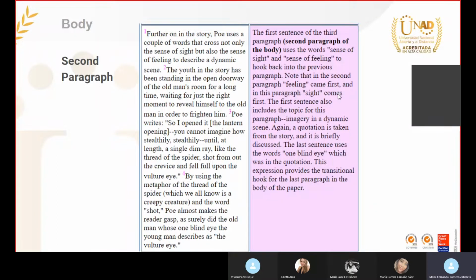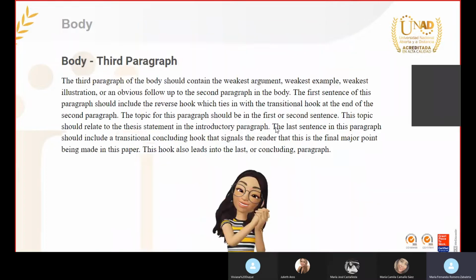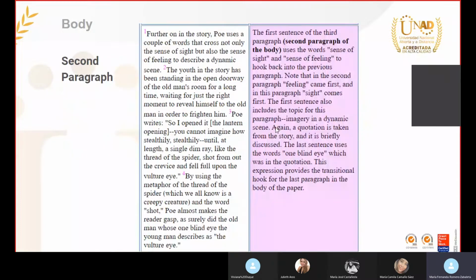So the first sentence includes the topic for this paragraph because it's the imagery in a dynamic setting. The author of this essay wants to drag the reader into the sense of feeling because of the dynamic scene, what is happening there, and how the reader would feel if he or she was there.